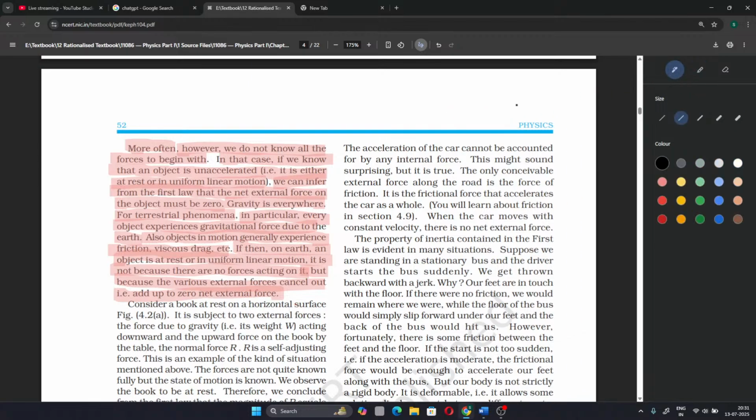If we think of this as a block resting on the ground, that is only because all the forces acting in this direction and in this direction, many kinds of forces, cancel out.